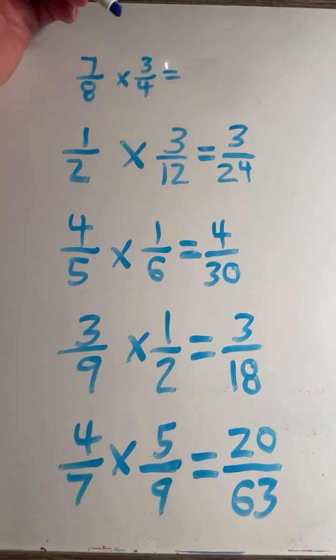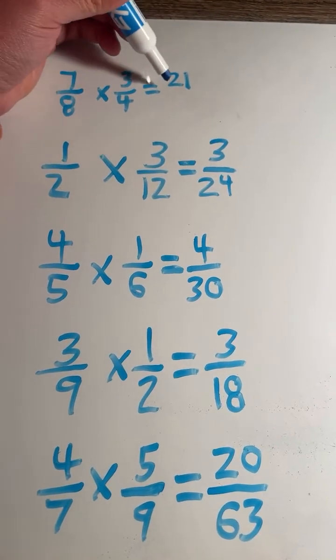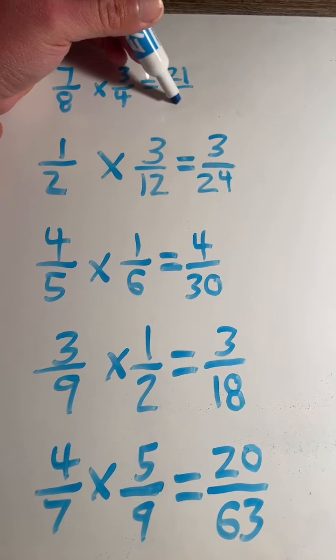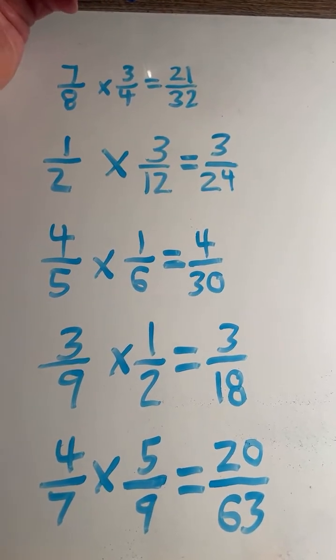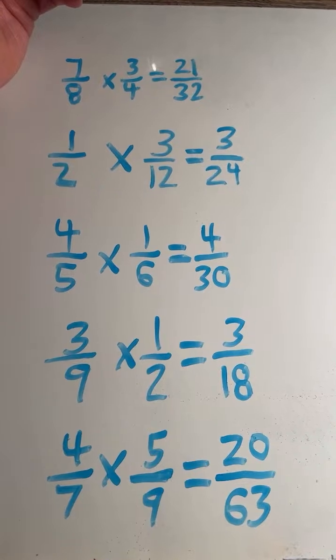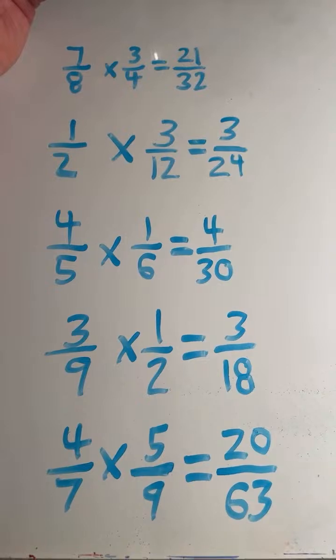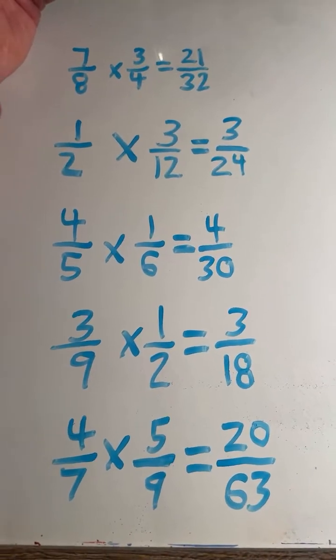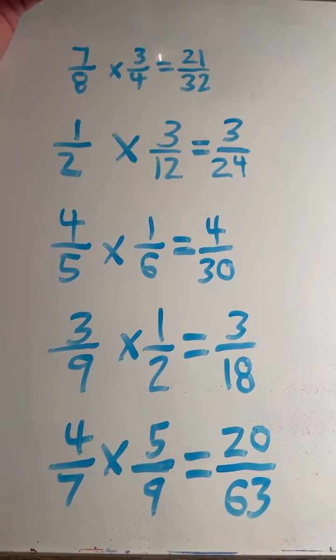Seven times 3 equals 21. 8 times 4 equals 32. 7/8 times 3/4 equals 21/32. Shout out to the person that just put the answer in the chat. Great job following along. All right, now I will choose one of these multiplying fractions problems to reduce to lowest terms.